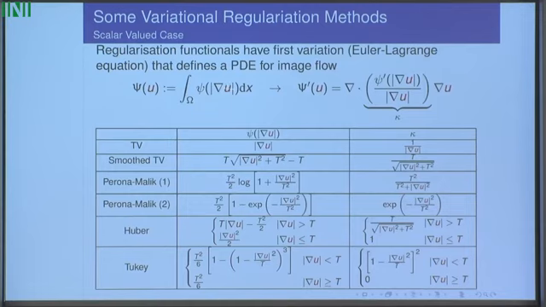So the derivative is just constant divided by the gradient of u. So this diffusivity means that the flow in the image is reduced when the gradient of the image is maximal. But of course this leads to a problem at 0. It's non-differentiable at 0.